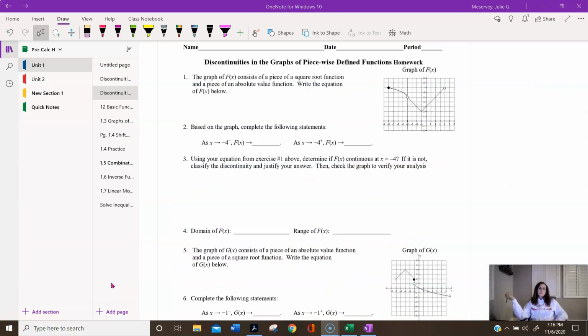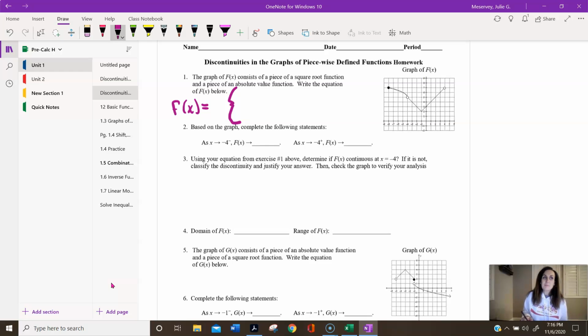Looking at the discontinuities in the graphs of piecewise functions, let's look at number 1. What we want to do is write an equation. I think I'm going to start with the absolute value equation. That one looks like it might be a little bit easier. We would write f of x equals, and this is going to be a piecewise function.